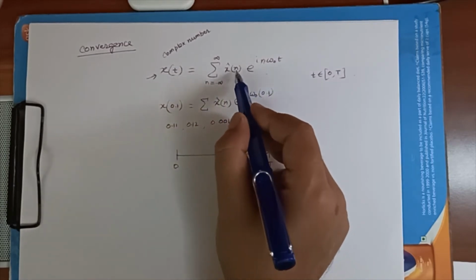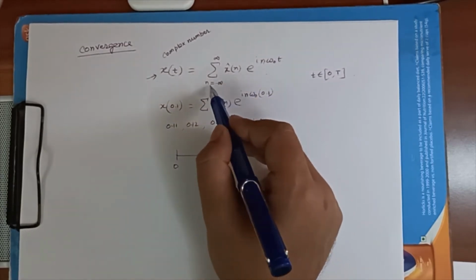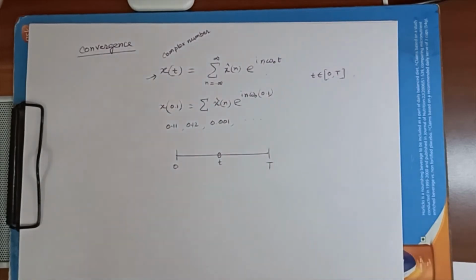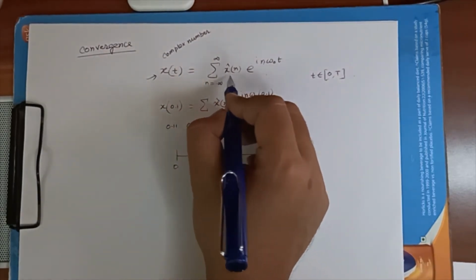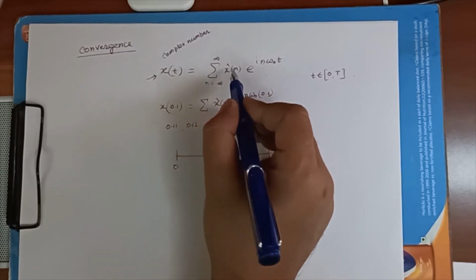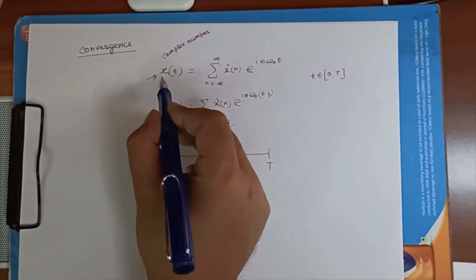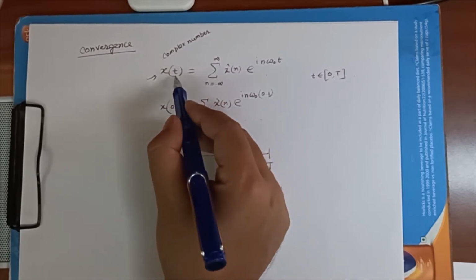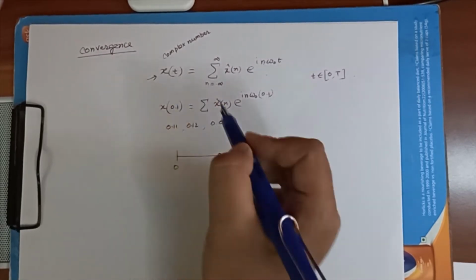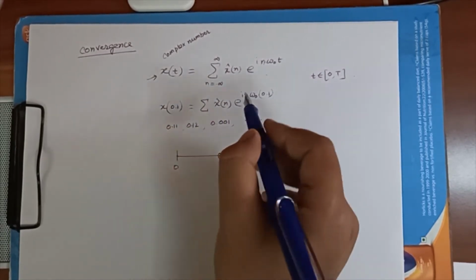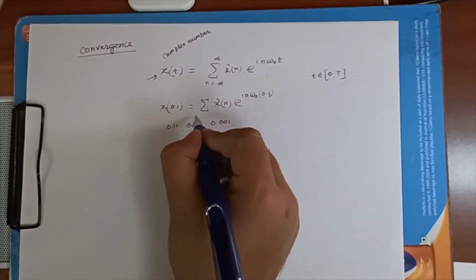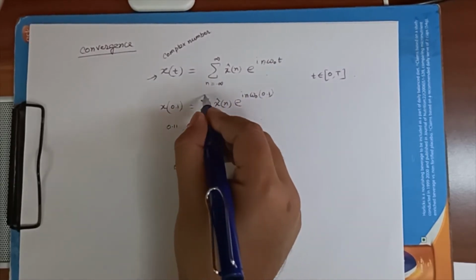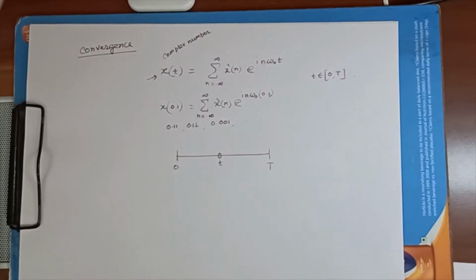So the index here runs from minus infinity to infinity. But in reality, when you are given the x hats, and you are asked to solve for x at a particular time t, say 0.1, will you go for an infinite summation?